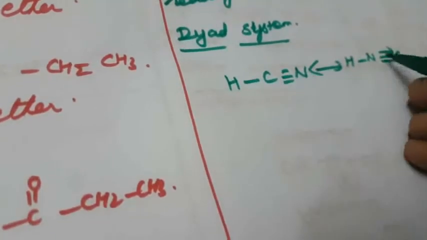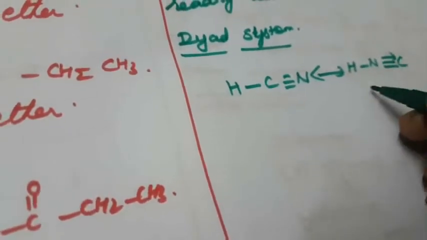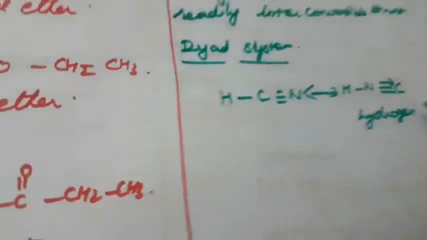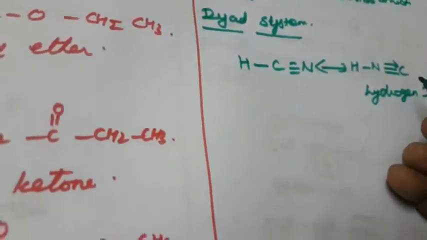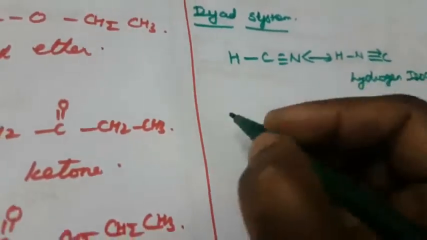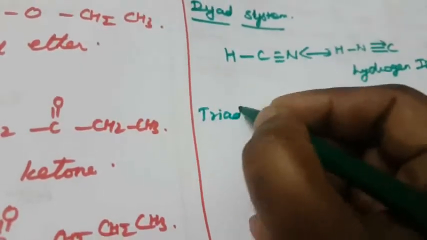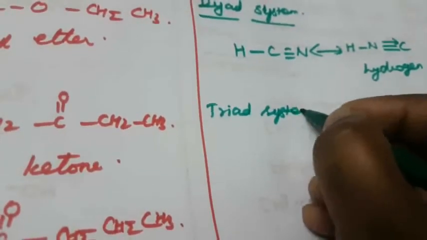So here CN is converted into NC, that is hydrogen isocyanate. One compound is changed into another: hydrogen cyanide interconverts into isocyanate. Okay, this is another one. Next one: what is meant by triad system?